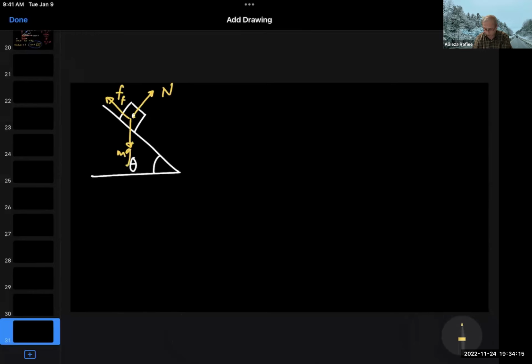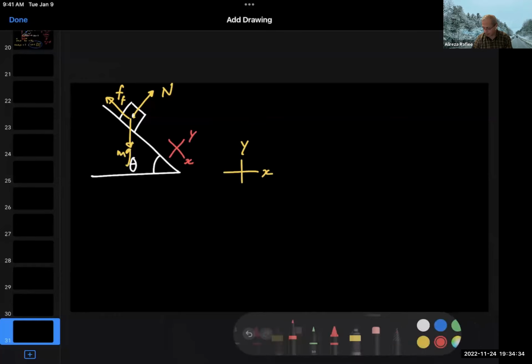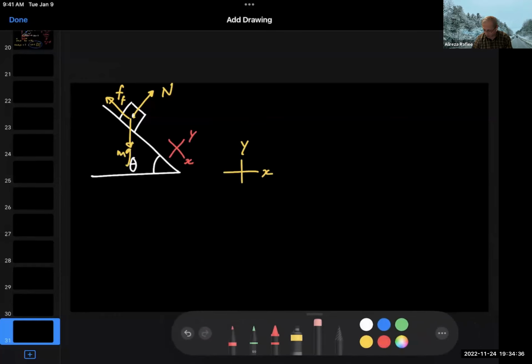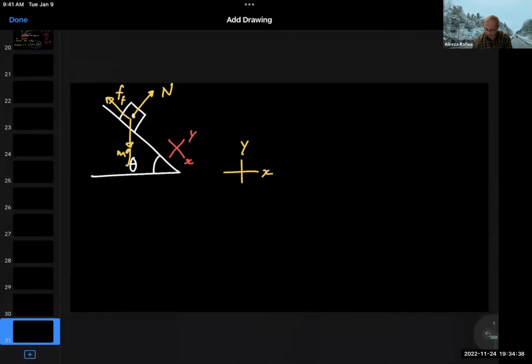So you have to decide where the coordinate system is first, always. I can pick a coordinate system which is like this, x, y, or I can pick coordinates which are parallel to the surface and perpendicular to the surface. Which one is easier? A lot of times you have to look at the direction in which the object is moving and how many forces you have, and see which coordinate system makes it easier.